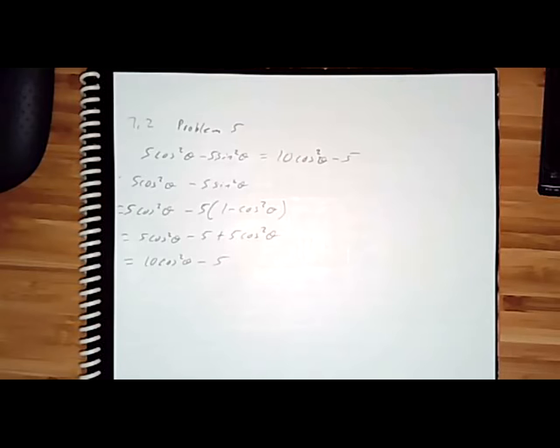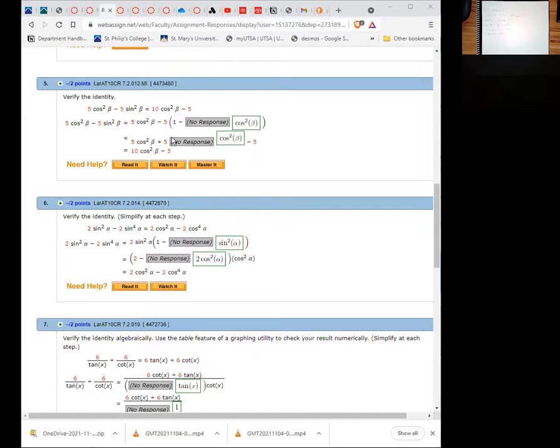Let me see. Yeah, that's what they did. Okay, so 5 cosine minus 5, pretty much what I got. What they did. See. Okay, so 2 beta.